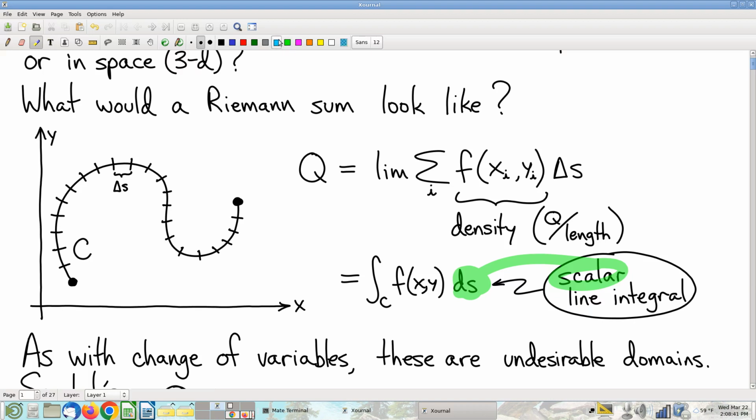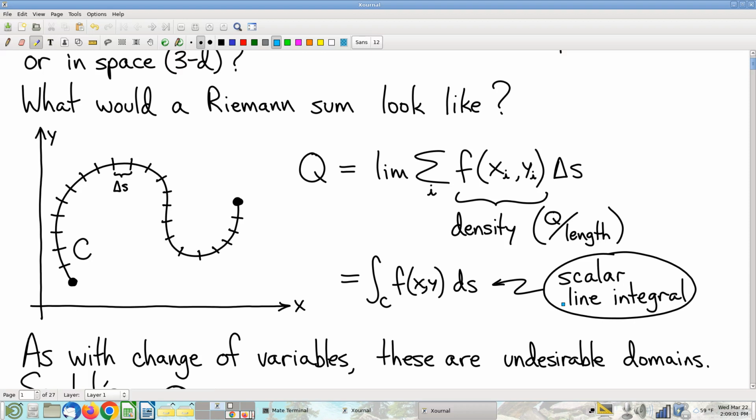We'll come back to that a little bit later. Furthermore, the integrand is a scalar. And again, you might be thinking, what else would it be? Every integrand we've ever seen was a scalar. Anyway, that's why we call it a scalar line integral. We will see a different kind of line integral pretty soon, possibly today.